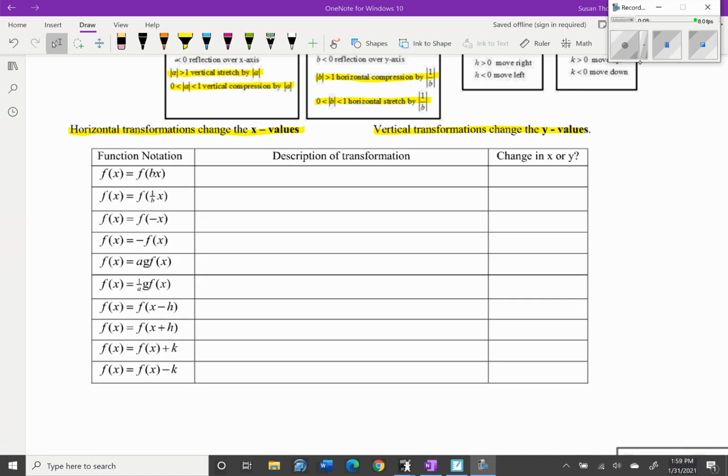All right, so that first one, notice it's a b value. It's on the inside attached to x and it's being multiplied, which tells us this is a horizontal compression by the absolute value of 1 over b. And remember, horizontal movements change your x.